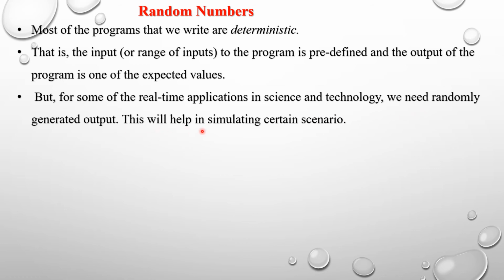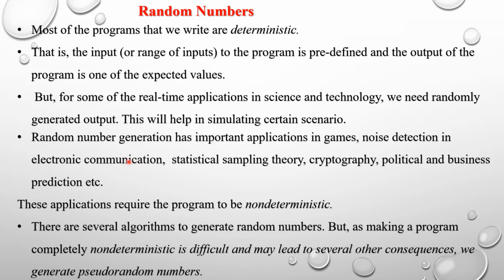This will help in simulating certain scenarios. Random number generation has important applications in games, noise detection in electronic communications, statistical sampling theory, cryptography, politics, and business predictions, etc. These applications require the program to be non-deterministic.